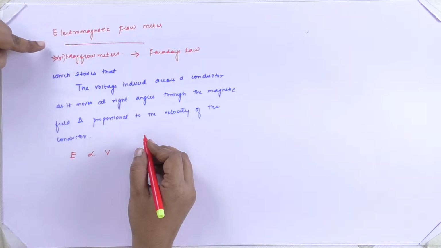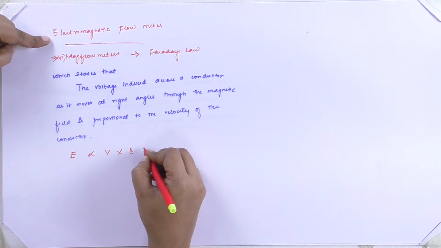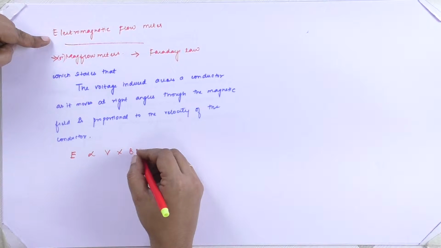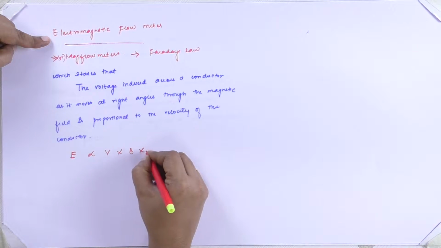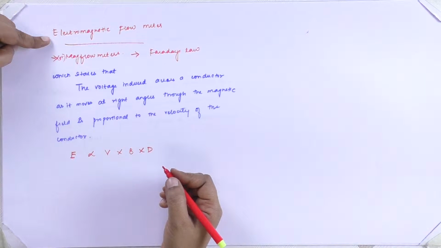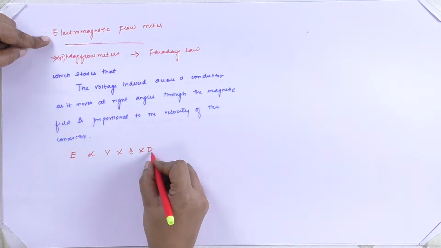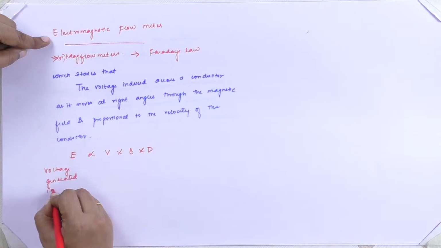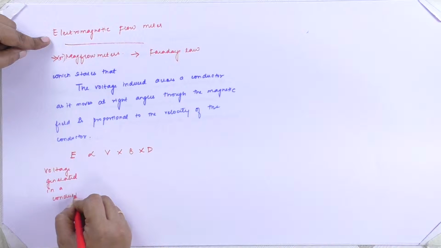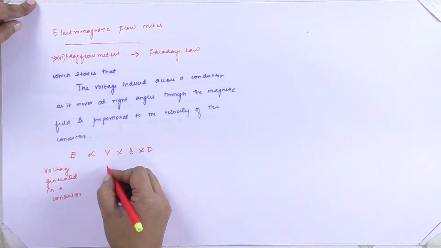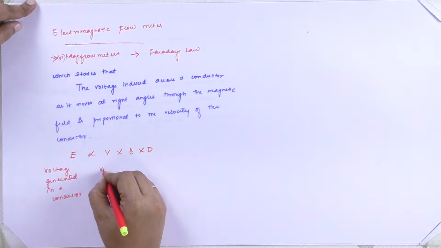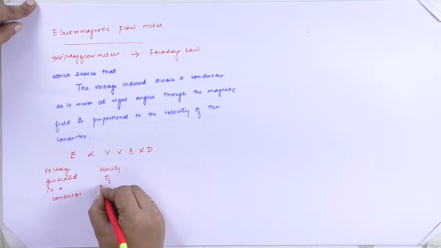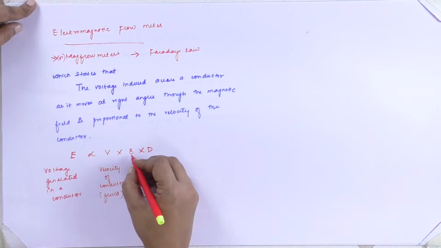So the electromagnetic flow meter is used to measure the flow rate of the fluid. E represents the voltage generated in a conductor; the voltage induced across a conductor when it moves at right angles to the magnetic field will be proportional to the velocity of the conductor. The velocity of the conductor is nothing but the velocity of the fluid.